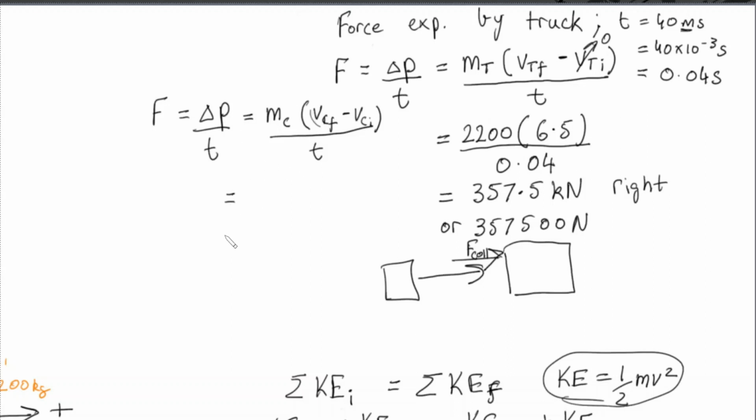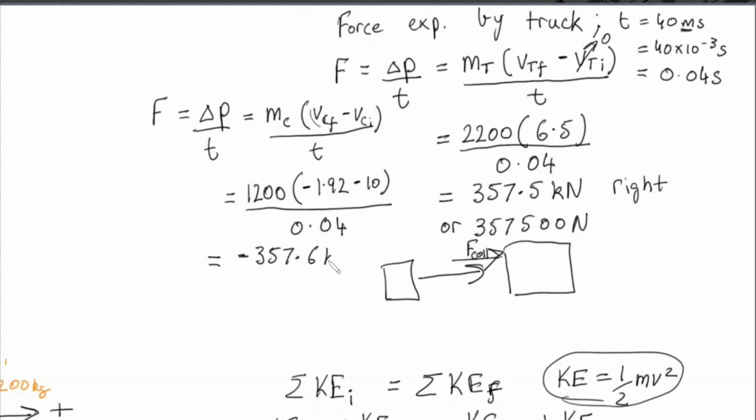So the mass of the car was 1200 kilograms, so let's put that in. The velocity of the car in the final instance was minus 1.92, and the initial velocity was 10 meters per second, so we'll put that in as well. Our contact time is the exact same, so 0.04, and that will give us negative 357.6 kilonewtons.